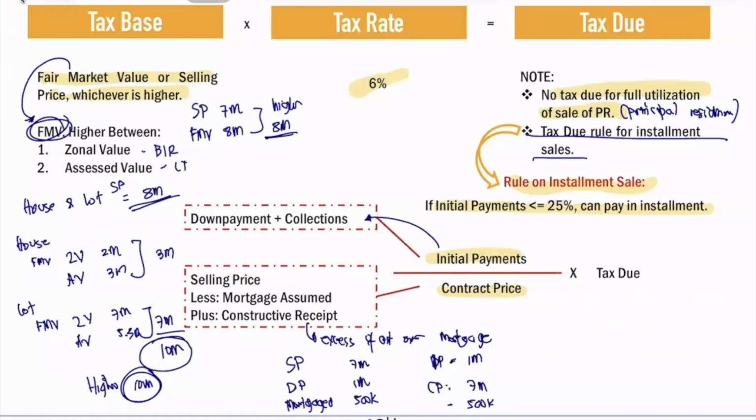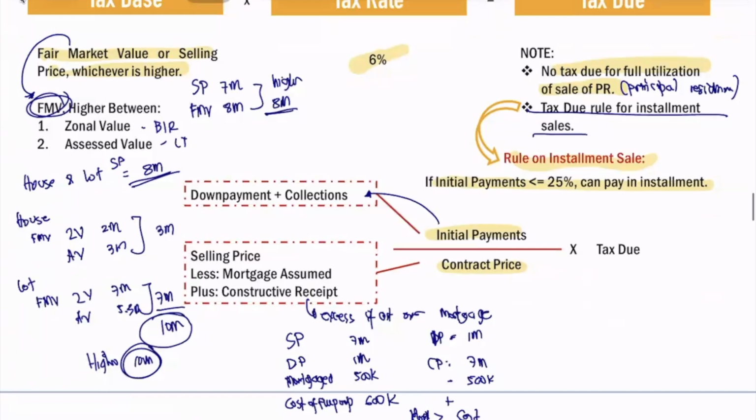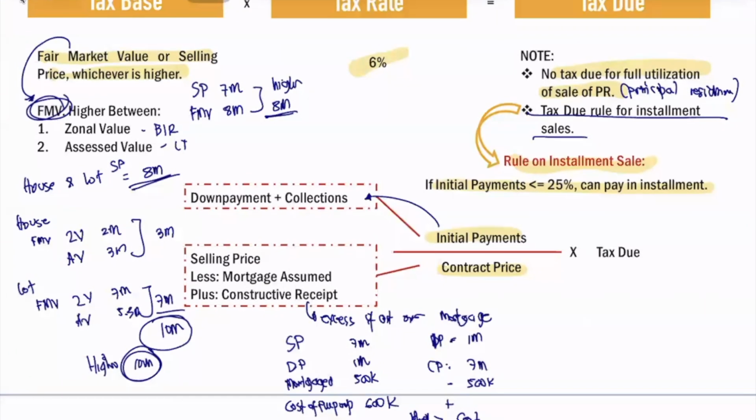Now, you will only add if the mortgage is greater than the cost. So excess of cost over mortgage. So mortgage is 500 while the cost is 600. Is the mortgage greater than the cost? No. Therefore, your contract price here is only 6.5 M.